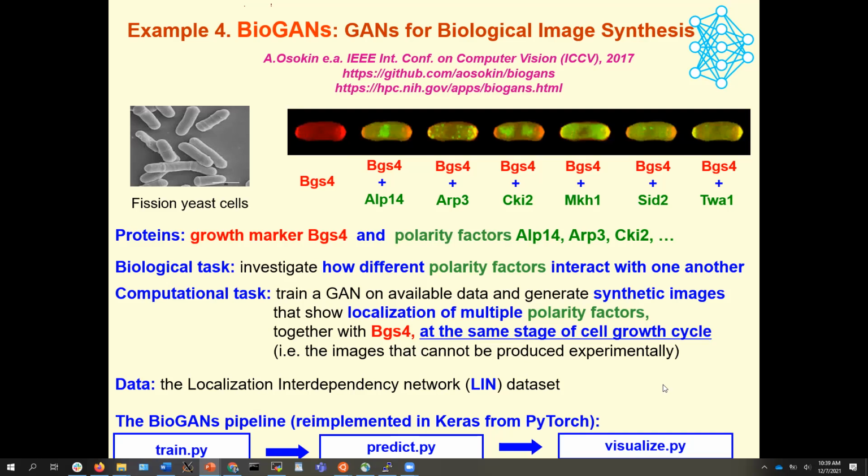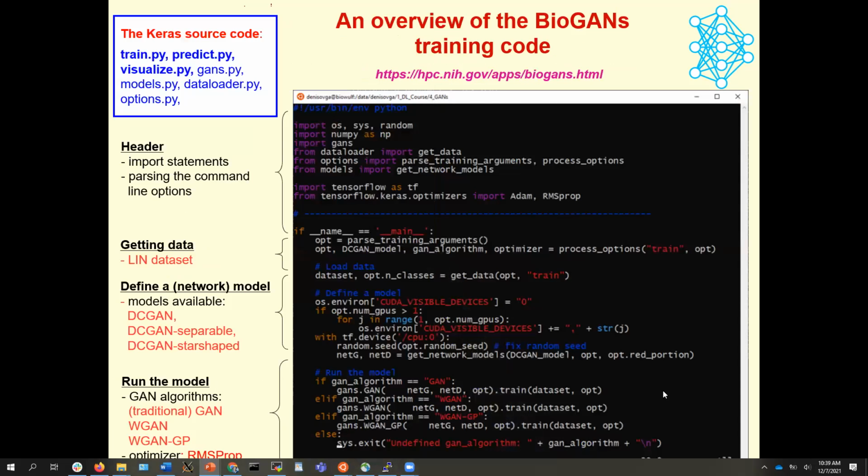Next slide gives a quick overview of the BioGAN code, and shown here is only the main function of the training executable. But that main function manages execution of the entire program, and it involves the same 4 steps that any Keras program does, including the header shown here, getting data, defining the model, and running the model.